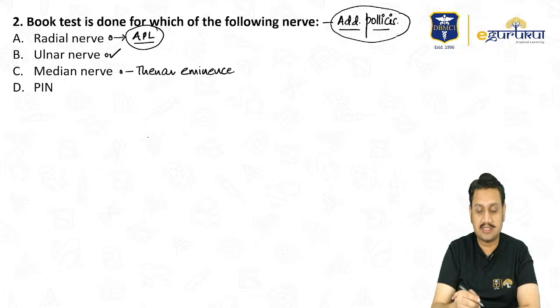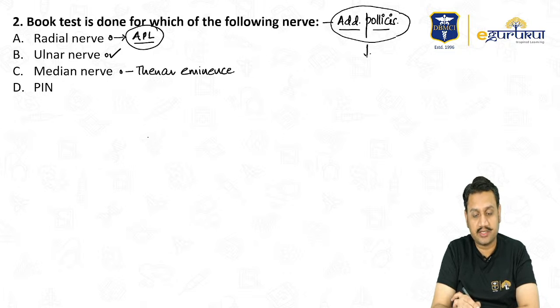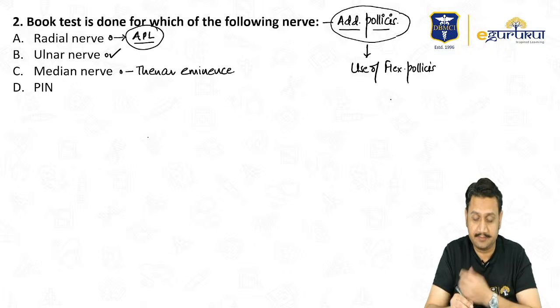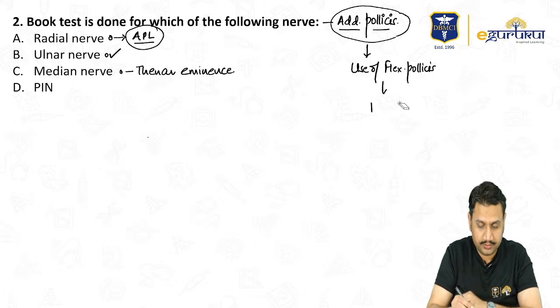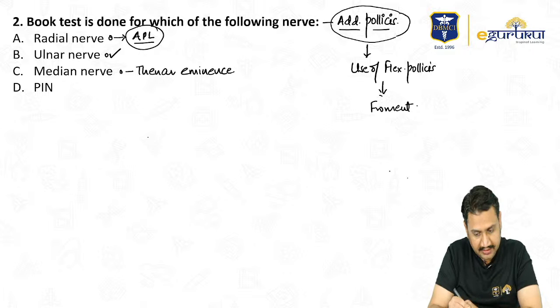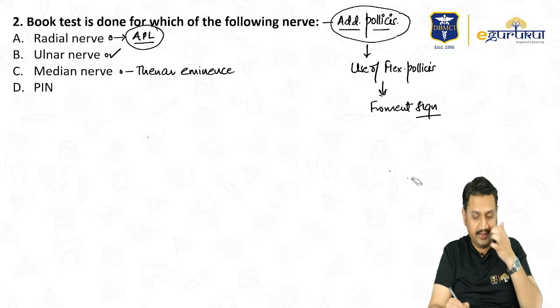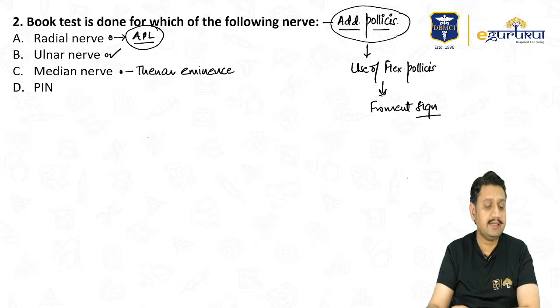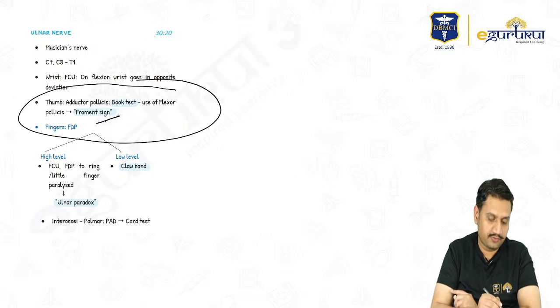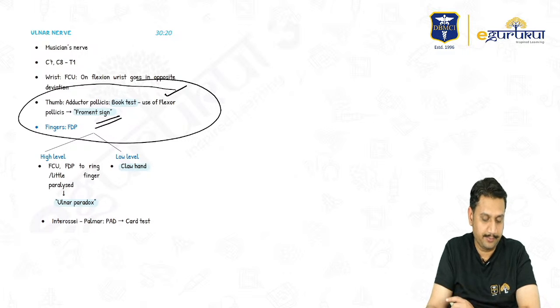So if adductor pollicis is not working, the patient uses the flexor pollicis, and this use of flexor pollicis is given another fancy name, which you know as the Froment sign. Okay, that was another question in your exam. So this is about the Froment sign and book test, which has been an important question.